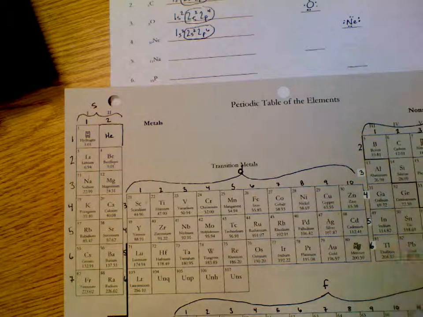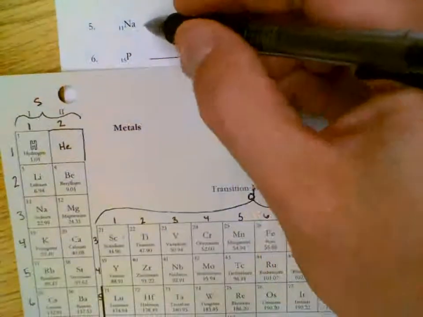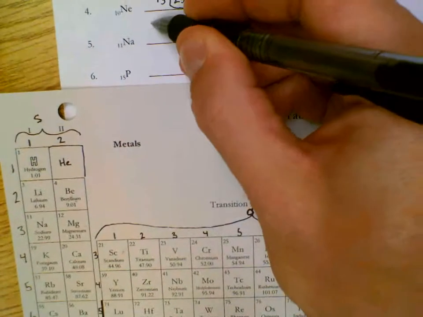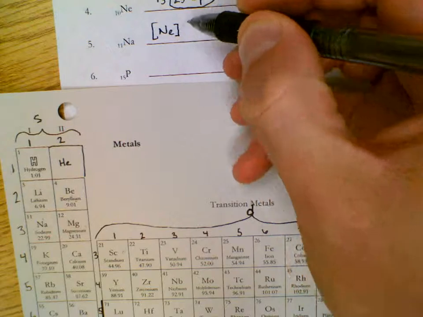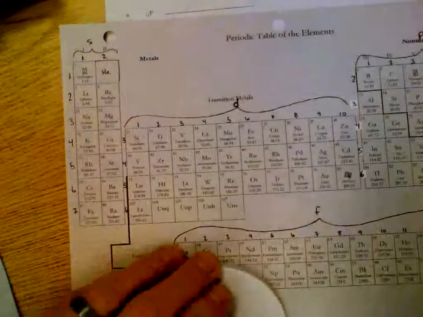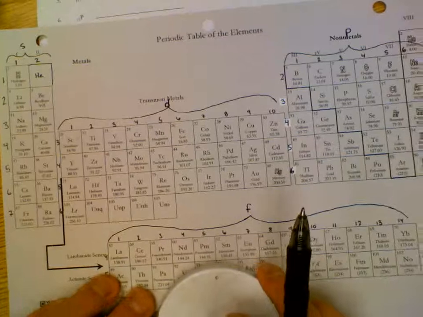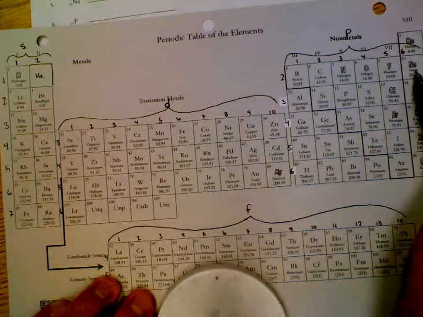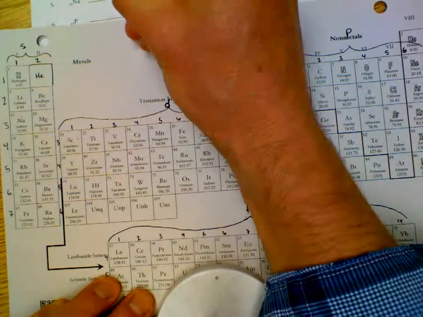When we write this down in our noble gas configuration, we're going to start out by writing brackets, neon, and then we're starting a neon square. So if we're starting a neon square, we would write down neon, back and to the left, 3s1, and that's our configuration.